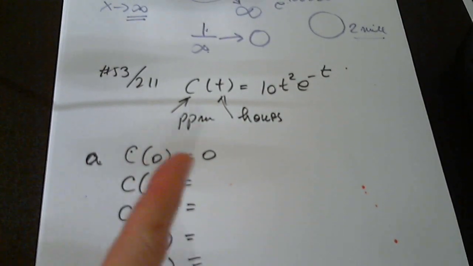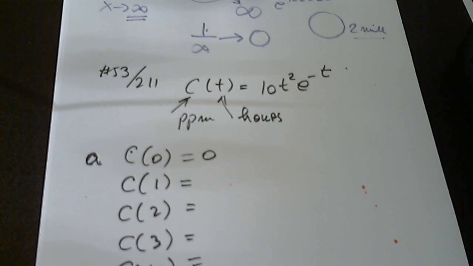So I'm not going to plug anything in repeatedly. I'm just going to put the function in the graphing calculator. So let's put the function in. So Y equals, clear. So 10 t squared and e to power negative t, and that's it.